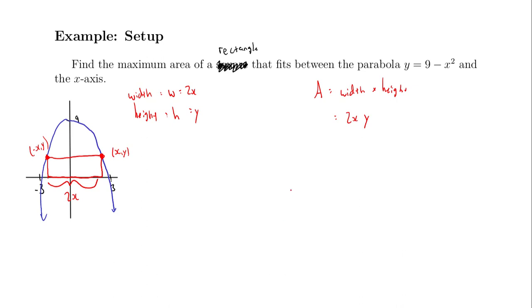Now, this is an important part where we have to start looking at a constraint. This connection between the variables is the thing that defines how x and y are connected to each other. This one is a nice, easy one because we're told explicitly what that is: y equals 9 minus x squared. Sometimes that constraint will be more implied. Maybe it'll be written in words, and we'll have to translate that to math notation.